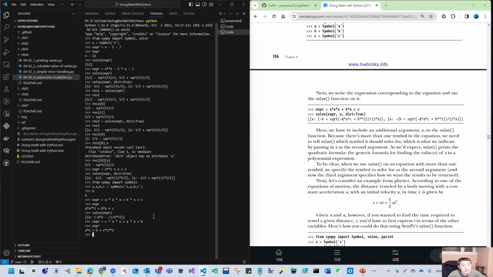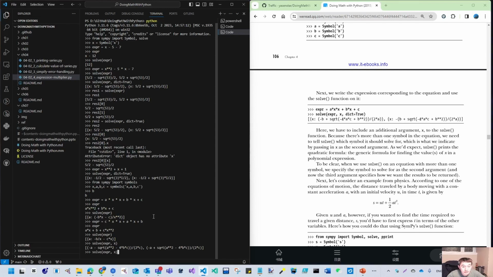So when I do this solve, it still solves for A for you. But actually I'm more interested in X. So I will put the second argument directly, C. I want X. Then it will solve for X for us. So there are two values for X.